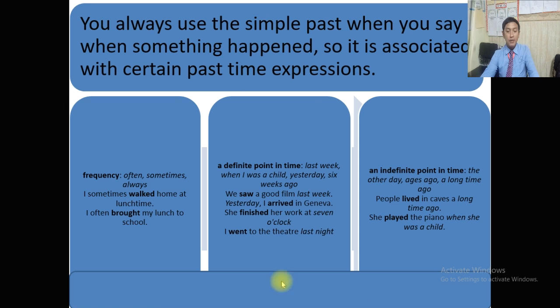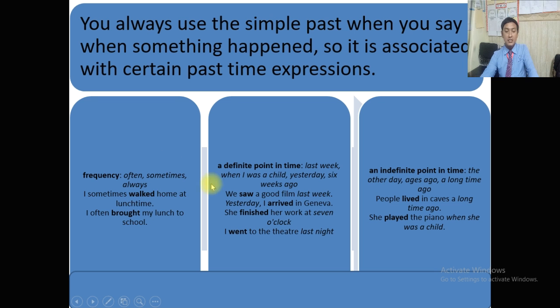Now, if we are talking about the first point, frequency, we also call it adverb of frequency. So what are they? Usually we use them with the present simple, but now we can also use all of them with the past simple.